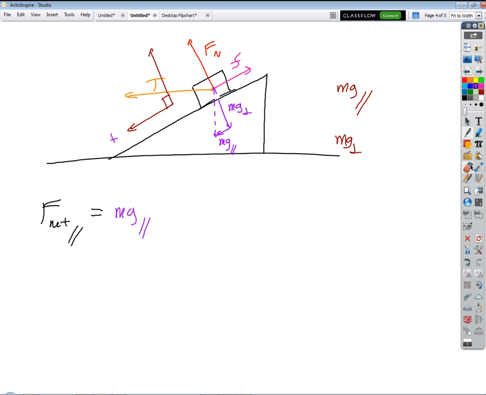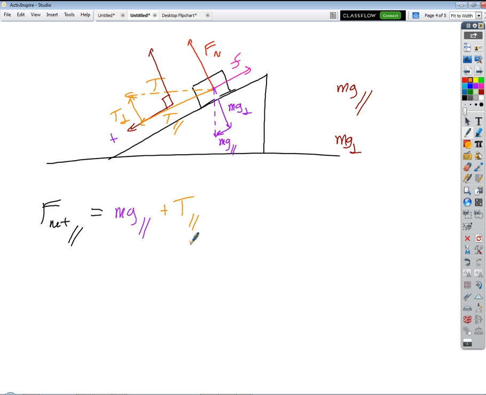Okay, we could trade the tension force for components also, right? We could trade the tension force for a parallel component and a perpendicular component, right? In this case, the parallel component would be positive, right?